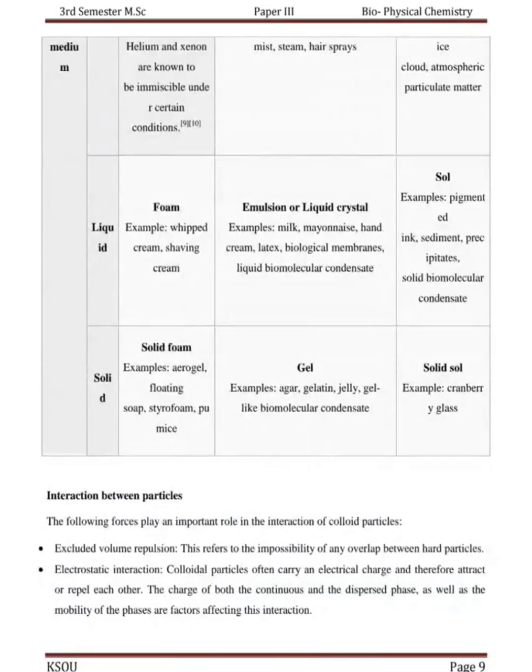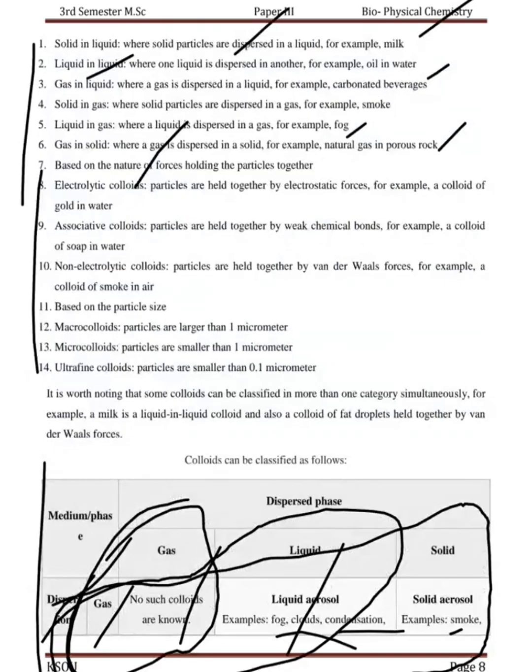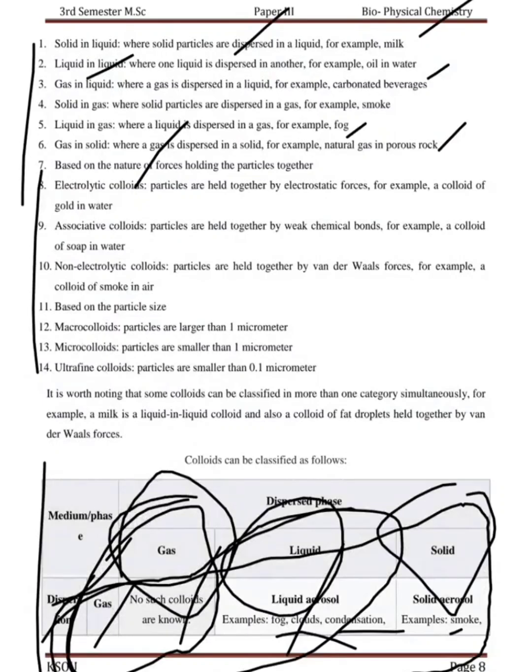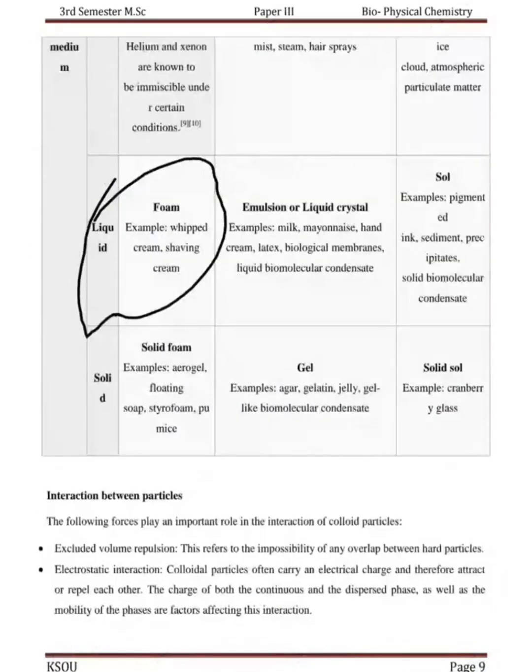So some of the substances with the different classifications of colloids are seen. Liquid with gas is foam. Liquid with liquid is emulsion, such as milk and mayonnaise.